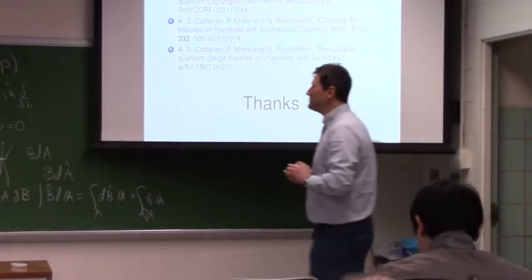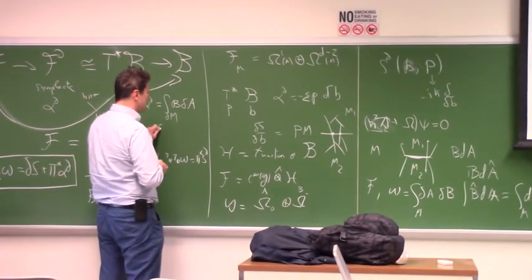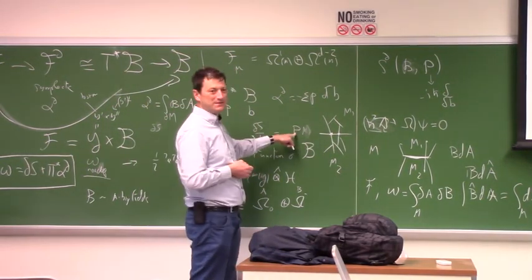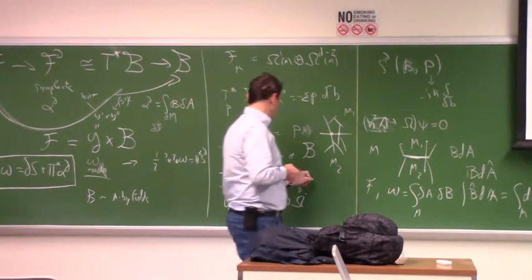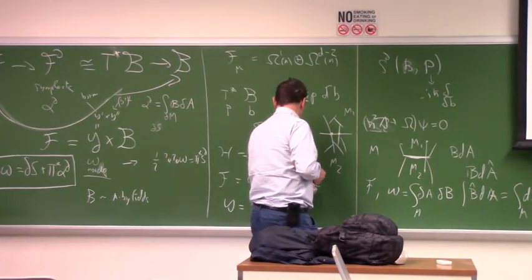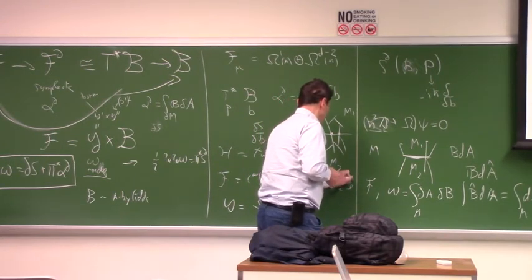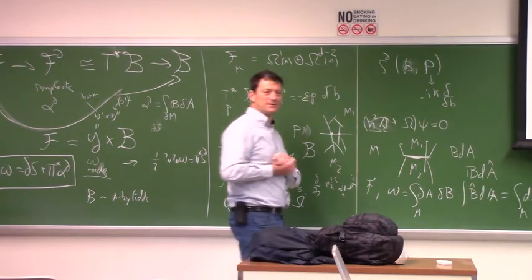Actually, there is an important point, let me mention this. You see, we have this property that says that delta S with respect to B is P. So that's the crucial thing, right? In particular, you want to compute the derivative of the exponential of S, and this is important.